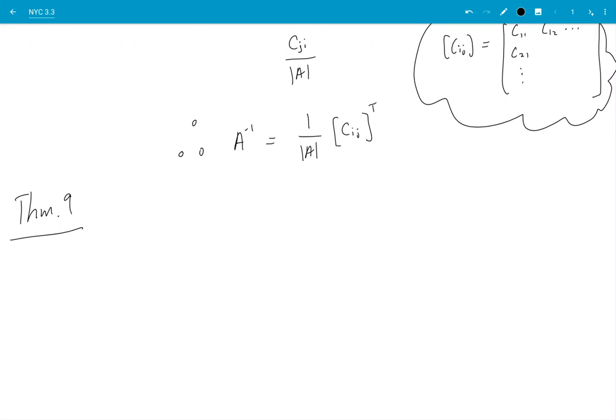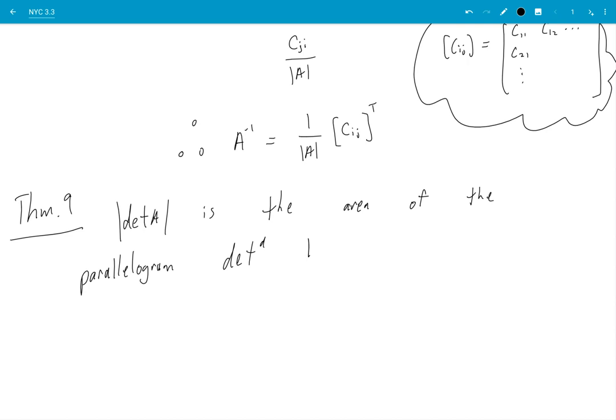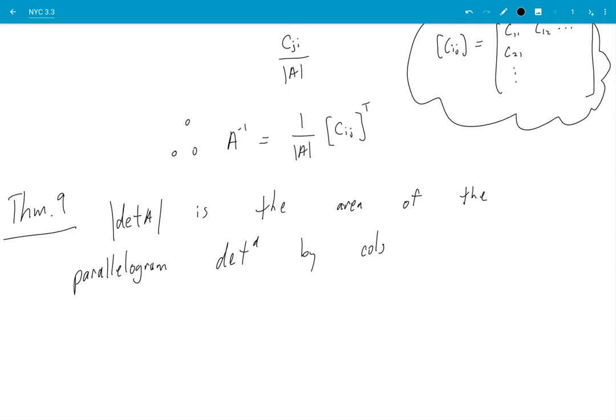Theorem 9. We'll do the parallelogram. So it says this absolute value of a determinant is the area of the parallelogram determined by columns of A. Okay, let's go through this step by step.